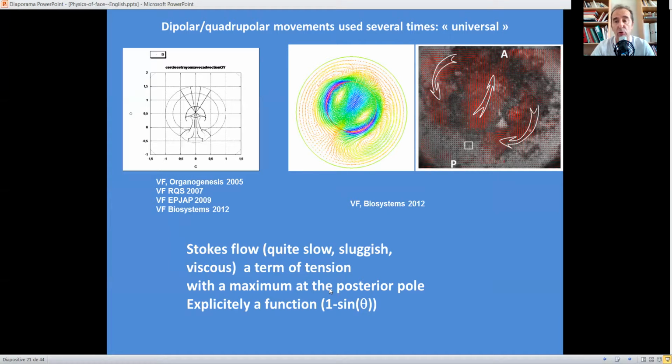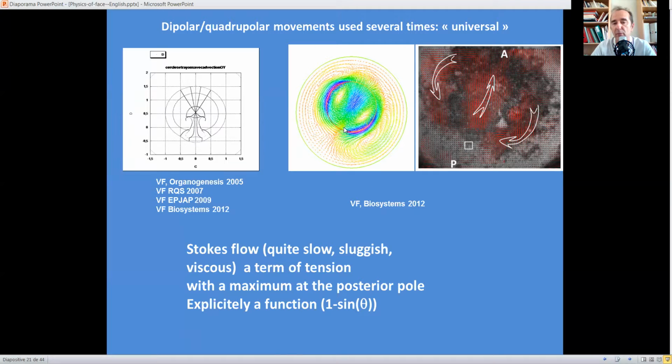But now I add something. The tension is not uniform, because if the tension were uniform, the thing would really just implode. You need a gradient so that the tension is stronger by the anus. So there is a maximum of tension at the pole. To generate this kind of image, you need just a cosine, 1 minus sine theta function.